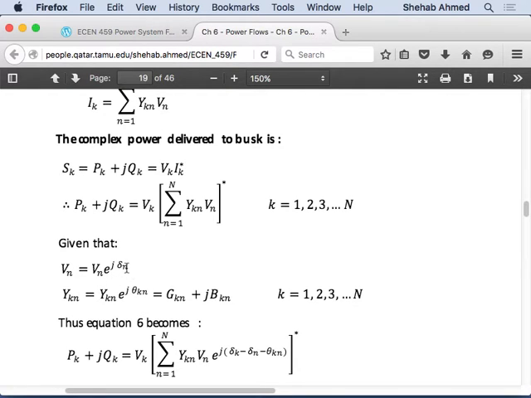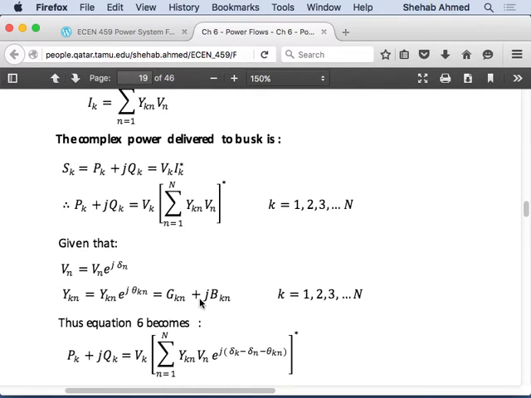So that is the angle of the specific voltage, and Vn is the magnitude of the voltage for bus n. I can do the same for the admittance from my admittance matrix, right? Every element in the admittance matrix is a complex number that can be written as Ykn magnitude, e to the j theta kn.